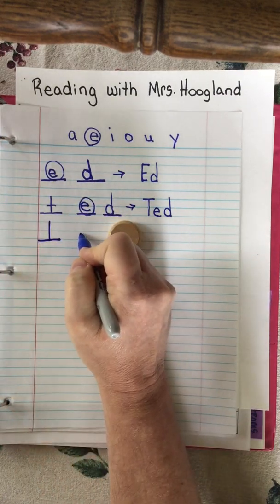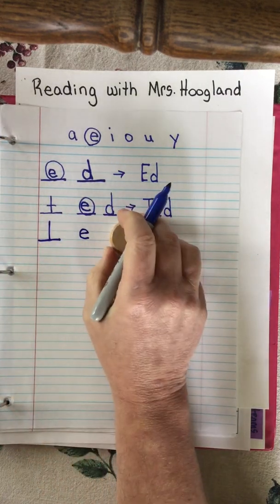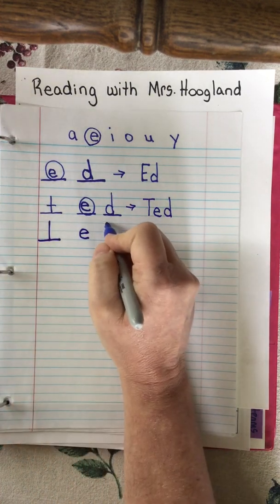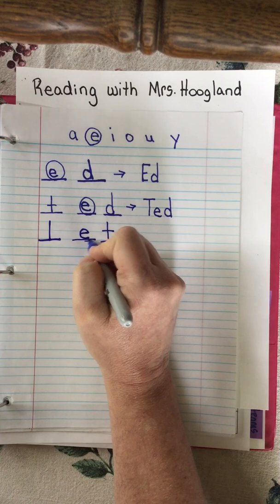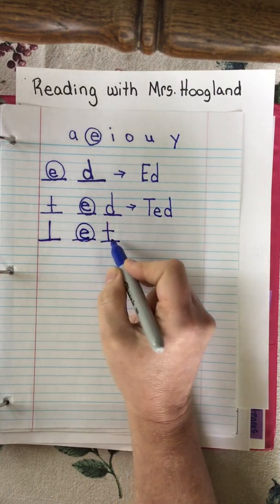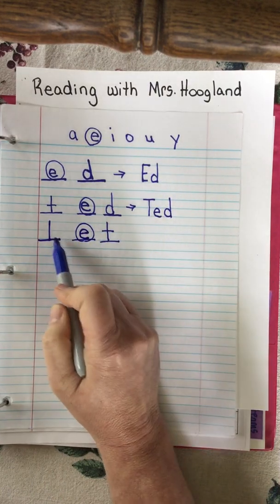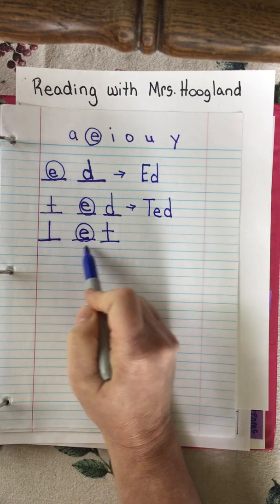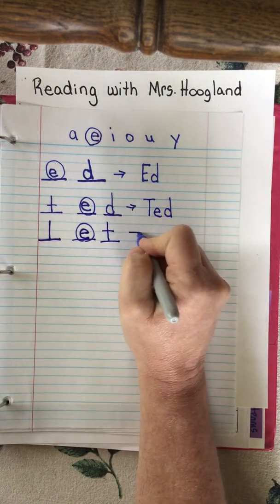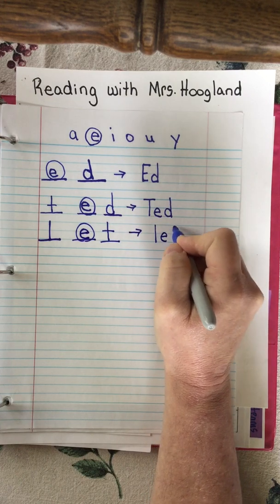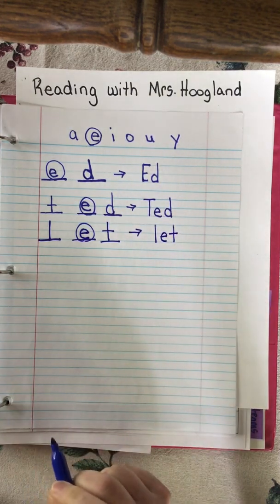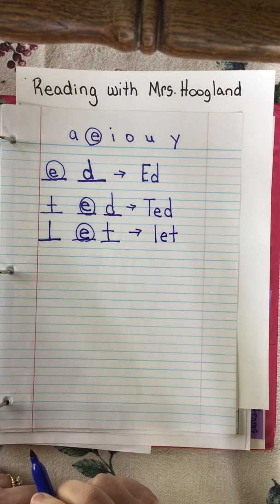That's that E again. Put it together. Let. What is my word? Let. What does your mom let you do today? What will your dad let you do tomorrow?